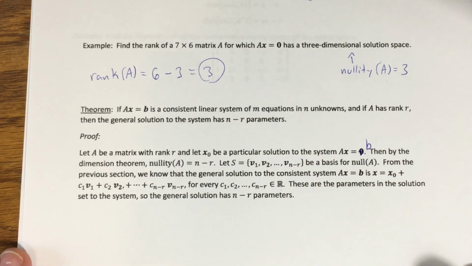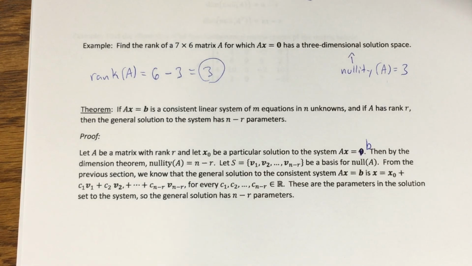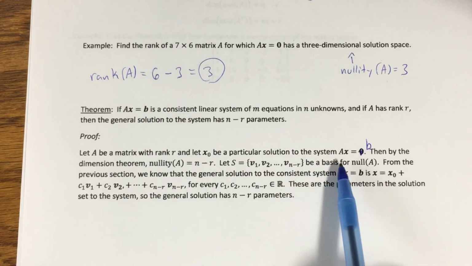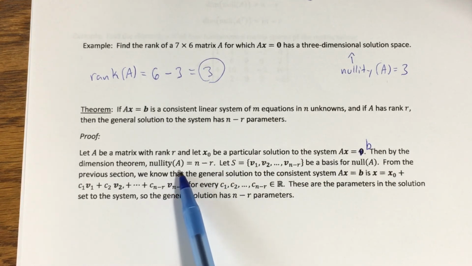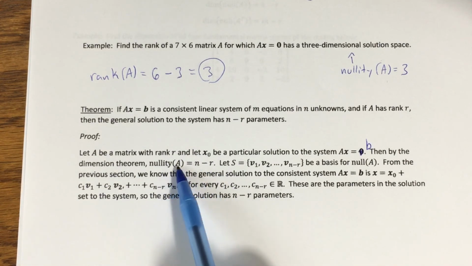Then according to the dimension theorem, the nullity of A should equal n minus r. This just follows immediately from the dimension theorem.